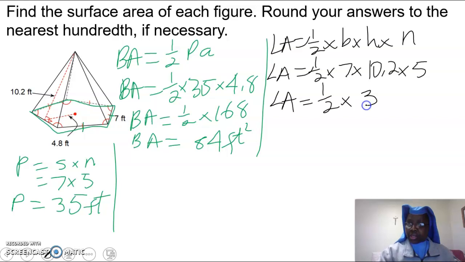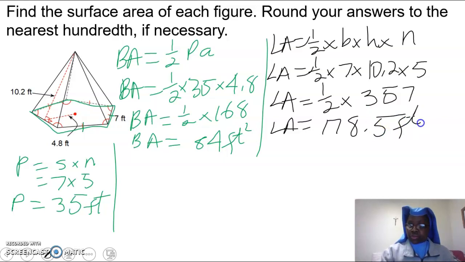So it's 357, and then 1/2 of that is going to be 178.5 square feet.